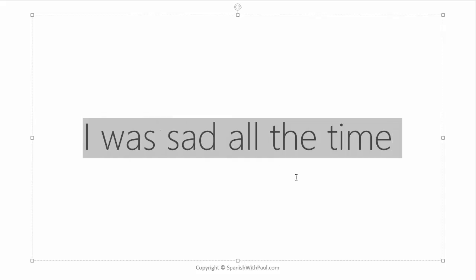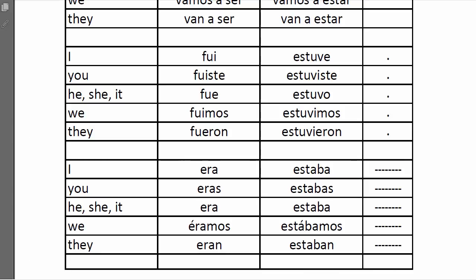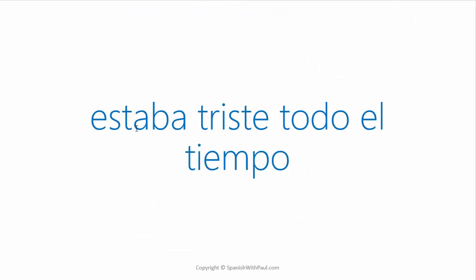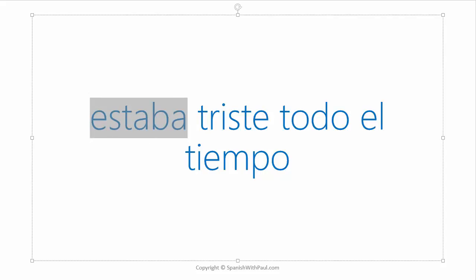So I'm going with estar and a line in the past. Let's have a look. We have estar with a line in the past. The sentence is I was sad, so it would be estaba for I was. Going back here, we'd have estaba triste todo el tiempo. So again, this is how I arrived at which word I was going to use for I was.